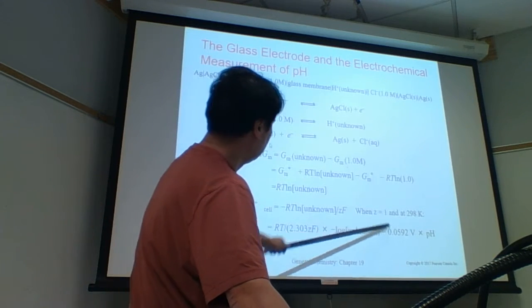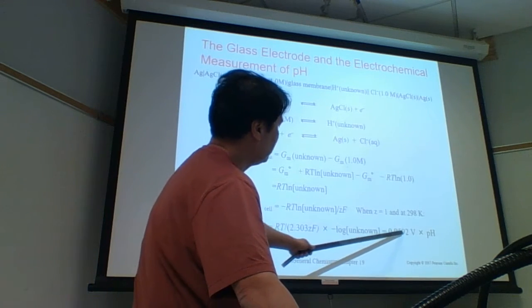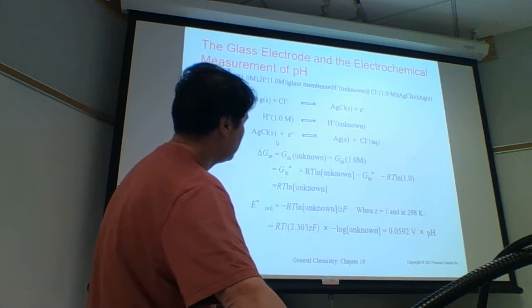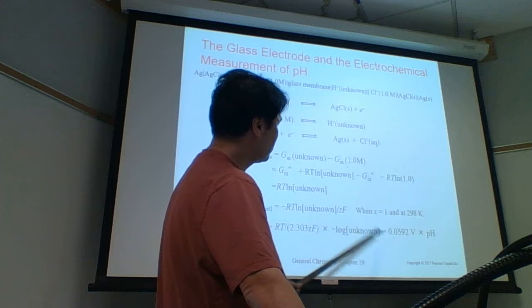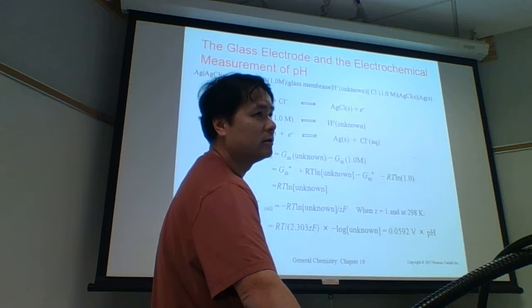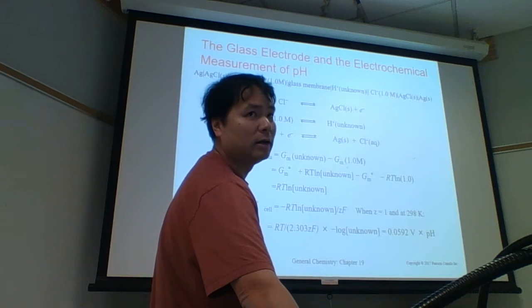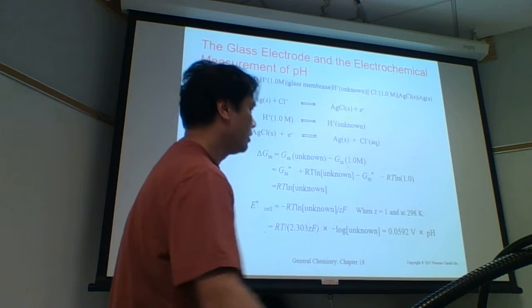Essentially, we get the same cell potential as 0.0592 volts times pH, or pH is cell potential divided by 0.0592 volts. But this response isn't always accurate, and so normally what we do is we calibrate it. We don't calculate it.